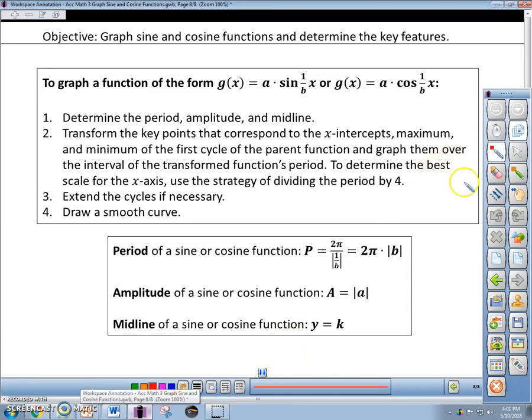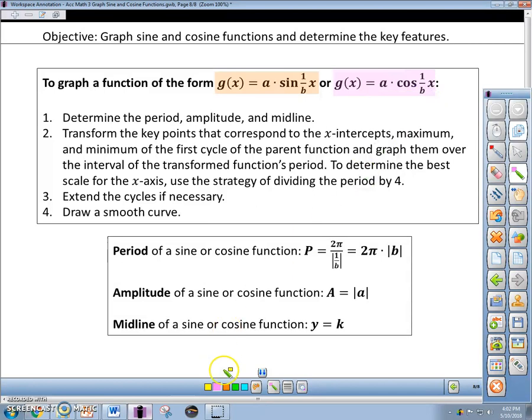So when we're looking at graphing our sine and cosine today in this lesson, we're just looking at this form right here. So we have our A parameter, which controls our vertical stretches, compressions, and reflections across the x-axis. And we have our 1 over B parameter, which controls a horizontal stretch or compression in these problems.